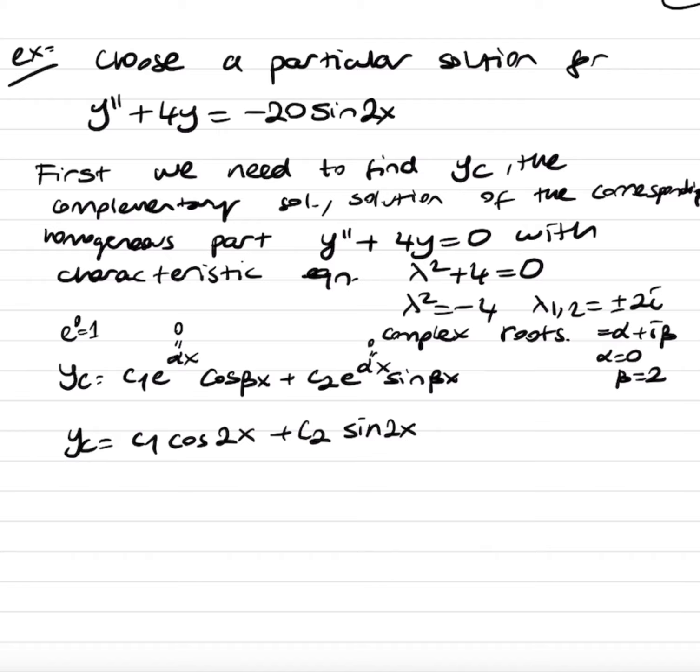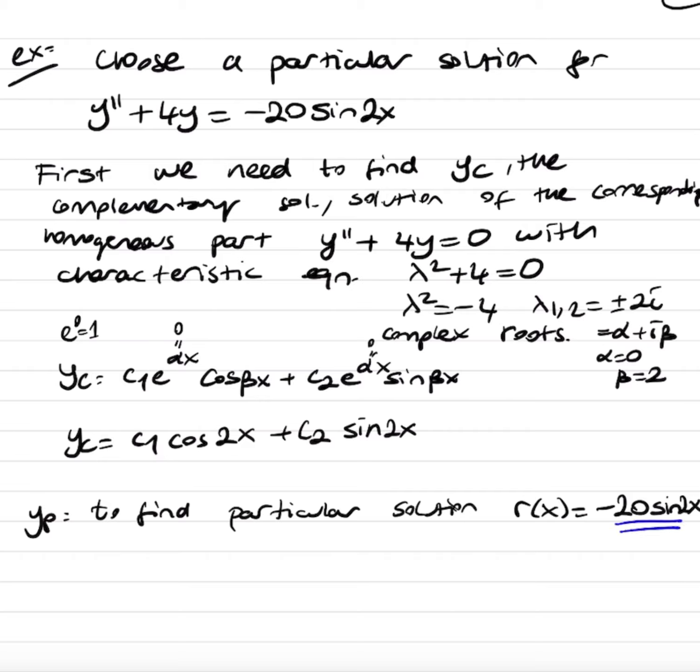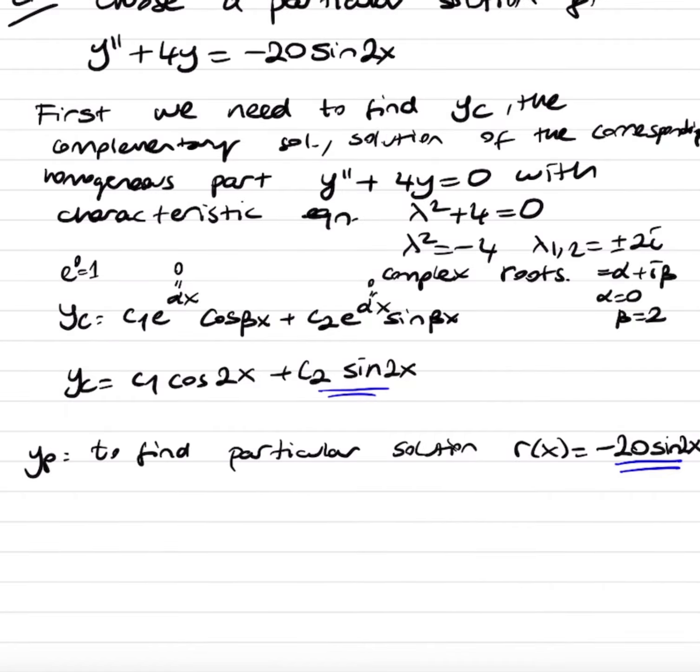So let's find the particular solution. We always check r of x, and in this case r of x is given as minus 20 sine 2x, and we check if this is contained in the complementary solution or not. Here we see that it is contained in the complementary solution, so we multiply by x.